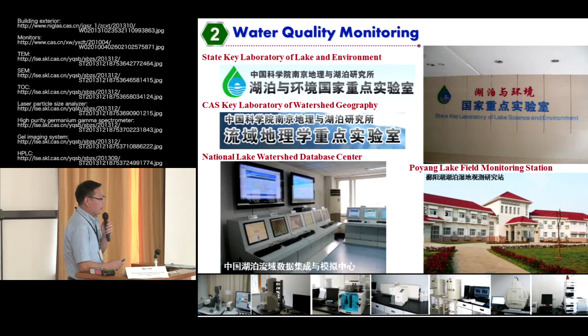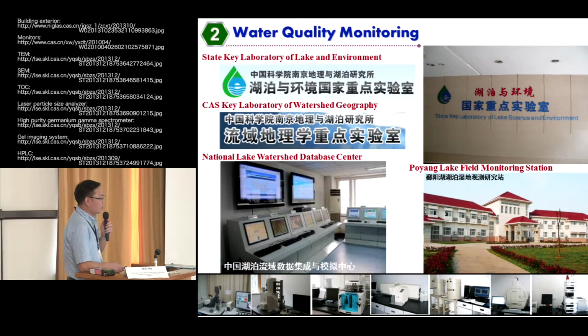Firstly, we have to get data for the water quality. Currently, we have the State Key Laboratory of Lake and Environment in our institute. We also have the Chinese Academy of Science Key Laboratory of Watershed Geography and the National Lake Watershed Database Center. We can share data from this center. And we have 3 Poyang Lake field monitoring stations here.